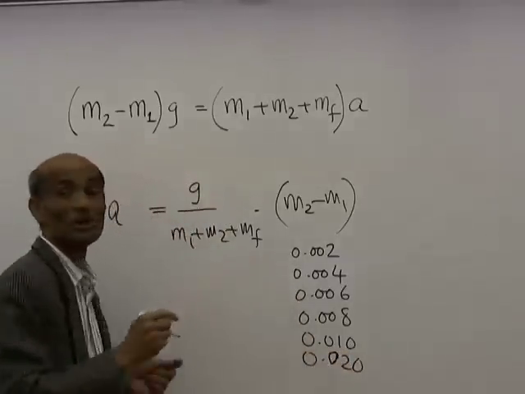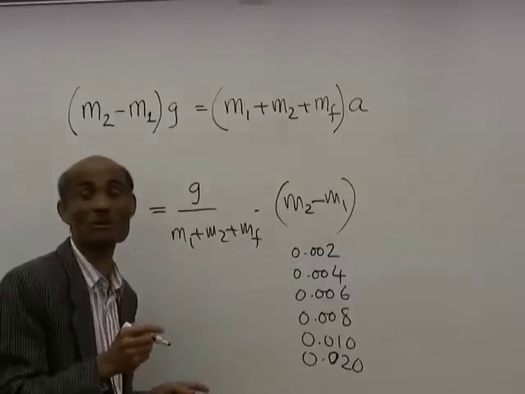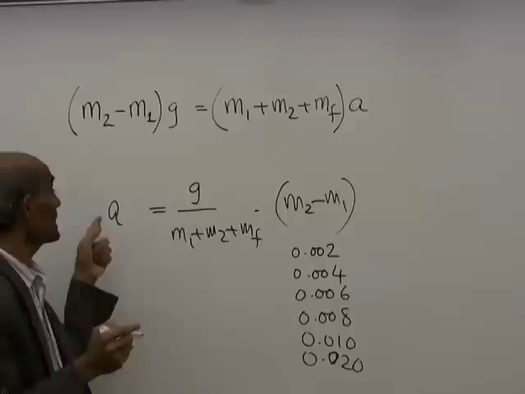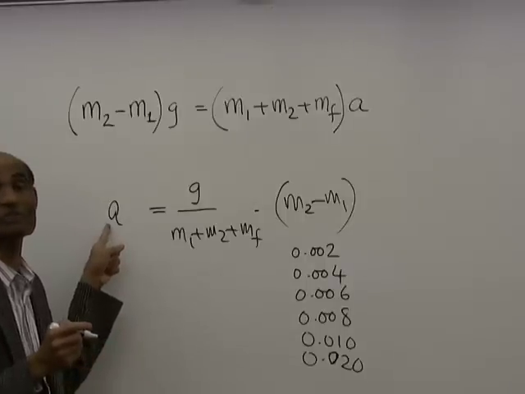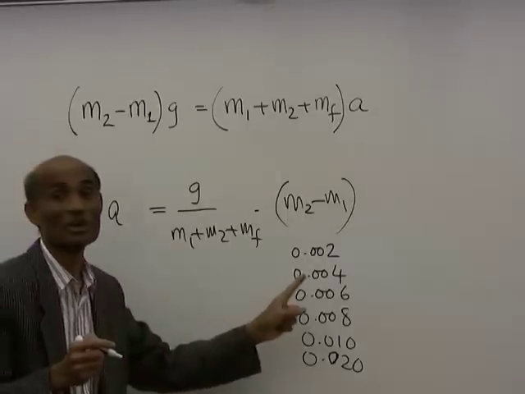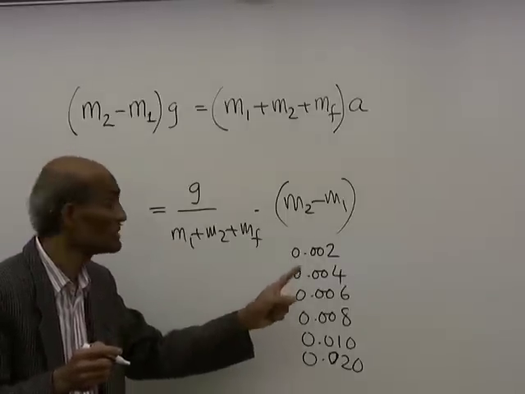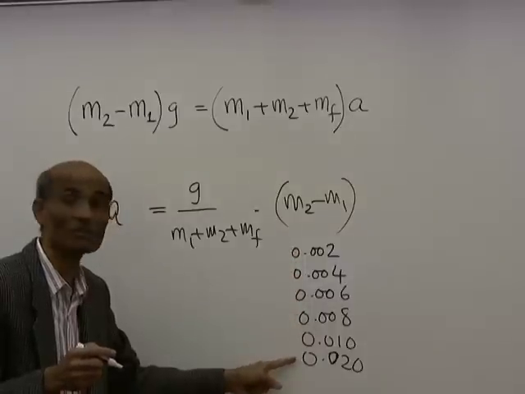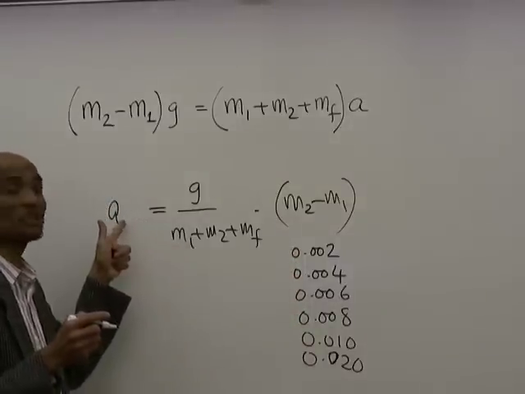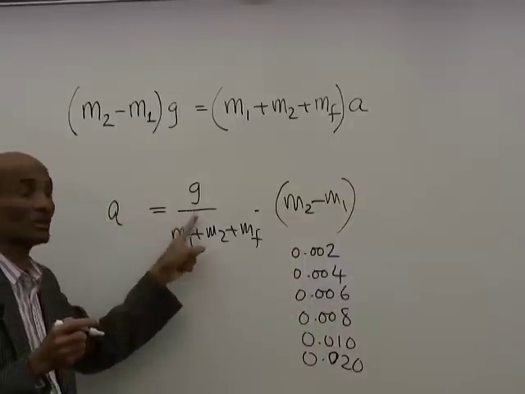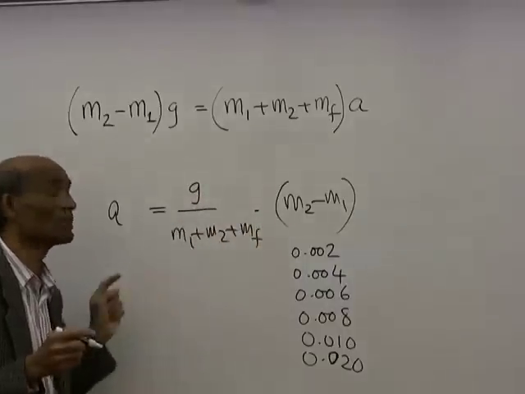These are your m2 minus m1 values, and the acceleration values you calculated. So in your graph you must use those. These are your x values, and the acceleration is your y values, and then measure the slope.